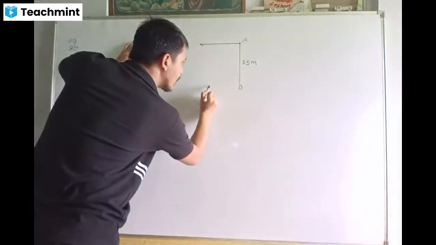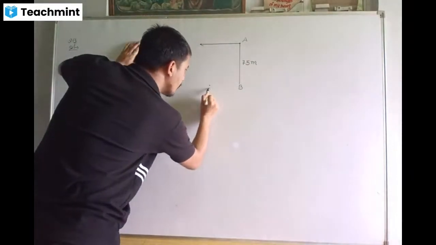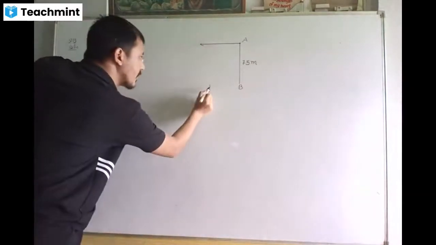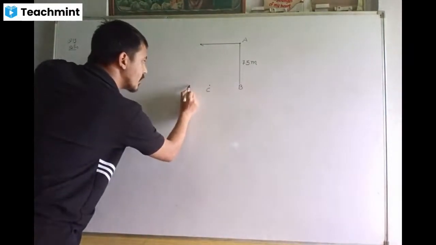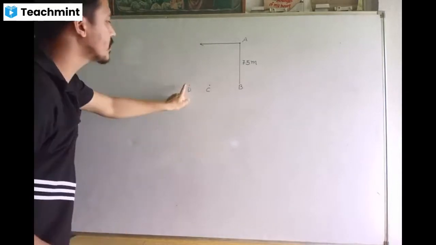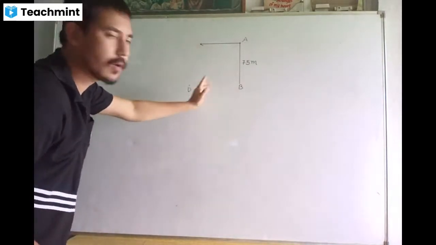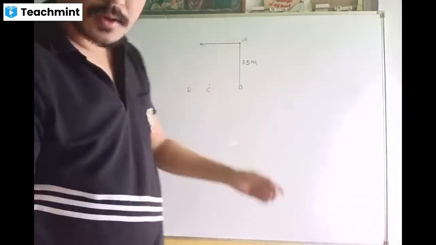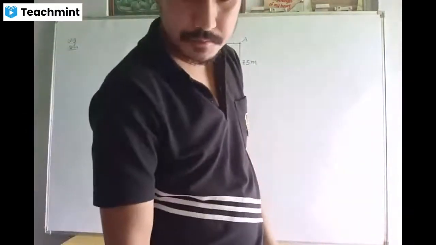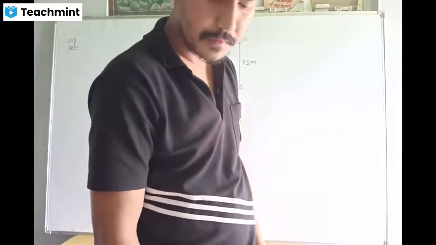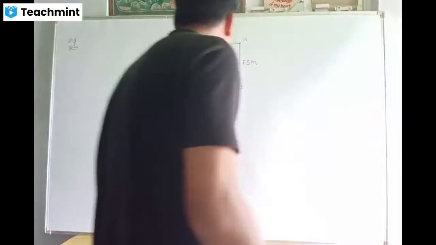So let's say that if C is the position of the first ship, then just behind C, there is another ship. So one of the ships is exactly behind the other on the same side of the lighthouse. All right? With an angle of depression 30 degrees and 45 degrees respectively.